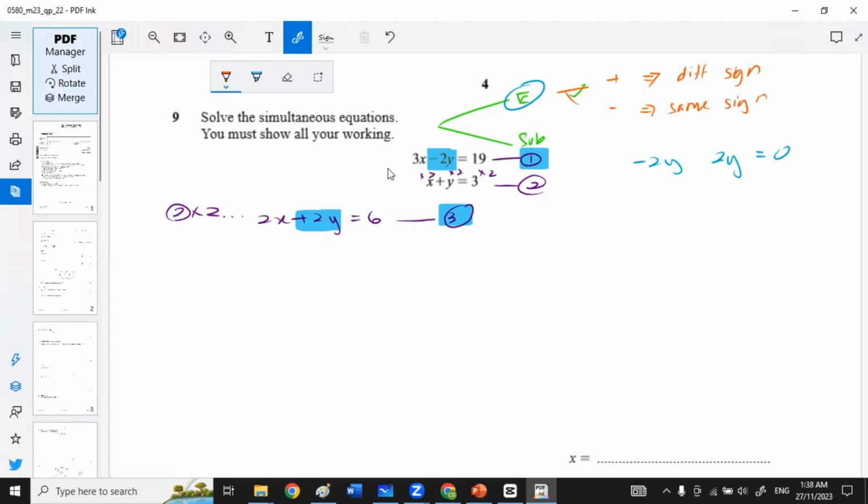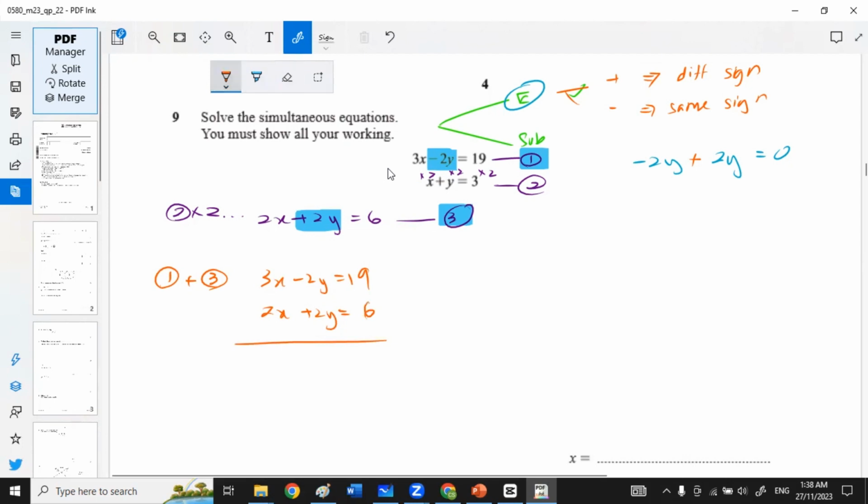In this case, one minus, one plus, so you plus. That will give you 0. Okay. So let's take the first equation plus the third equation. 3x minus 2y equal to 19. 2x plus 2y equal to 6.